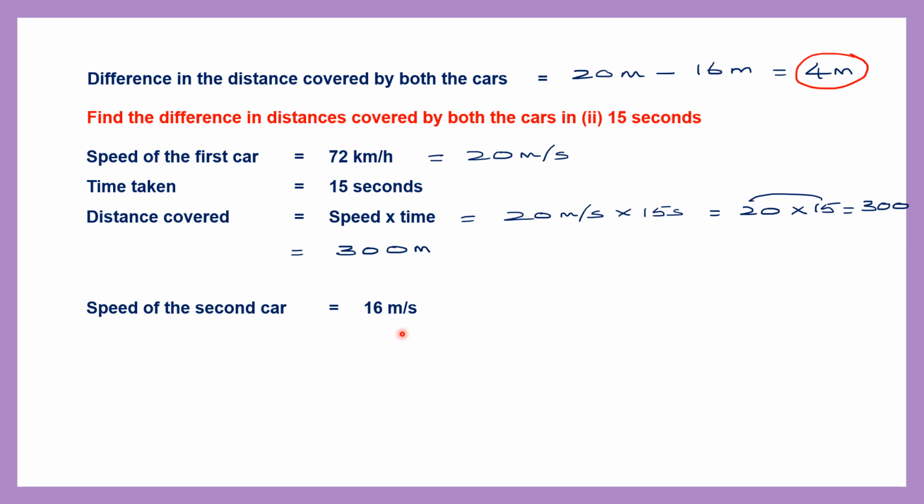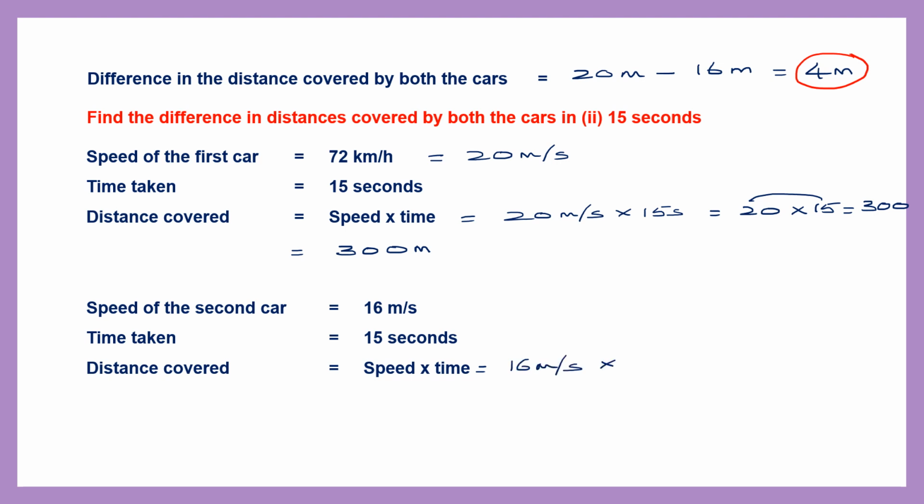So speed of the second car is 16 meters per second. Time is 15 seconds and distance covered is speed into time. So speed is 16 meters per second into time is 15 seconds. Now we have to multiply 16 into 15. So let's do that multiplication. 16 into 15. 5 6s are 30.